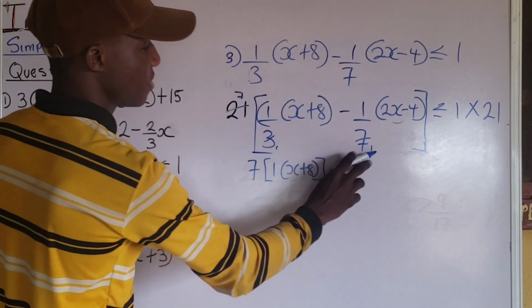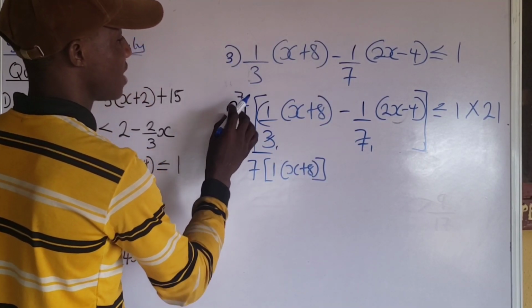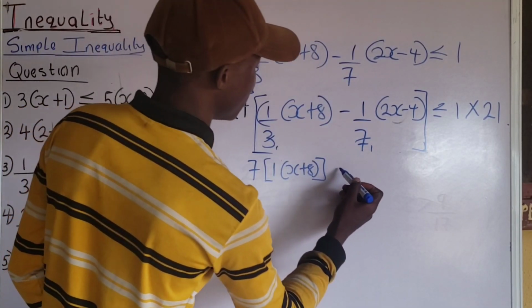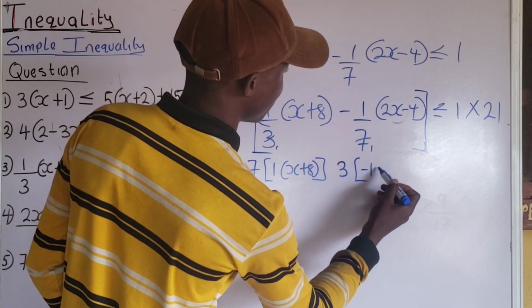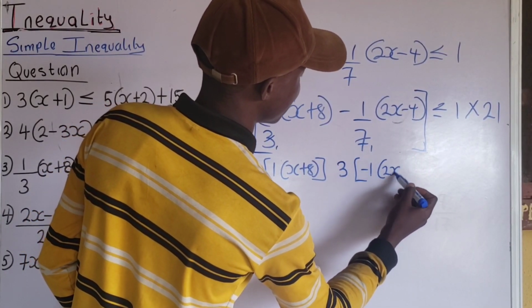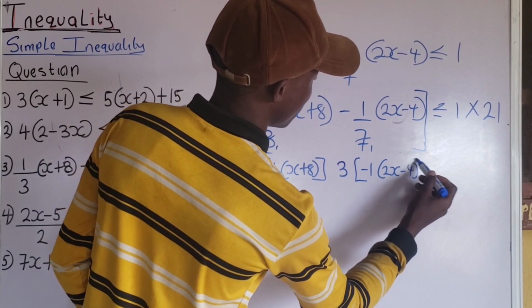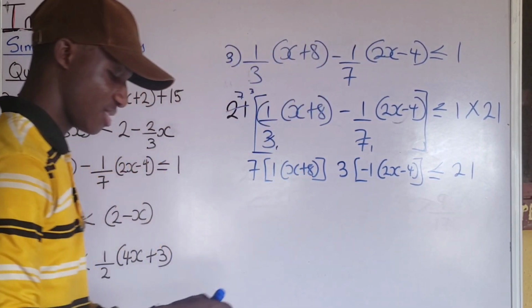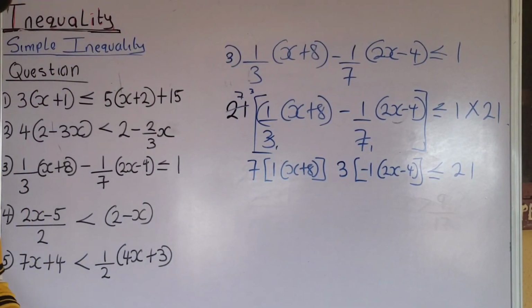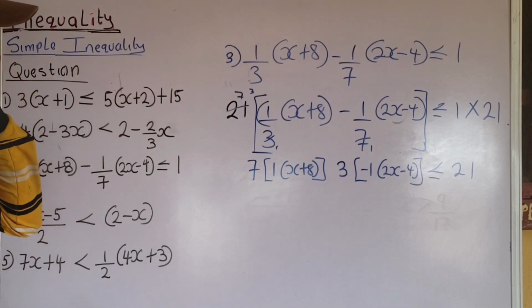Please pay attention. 7 here, 1. 7 in 21, that is 3. So I'm going to have 3 multiplied by negative 1 into bracket 2x minus 4, close the bracket, is less than or equals to 21. Please, do you understand what I did here? If you didn't understand, listen to the explanation again.